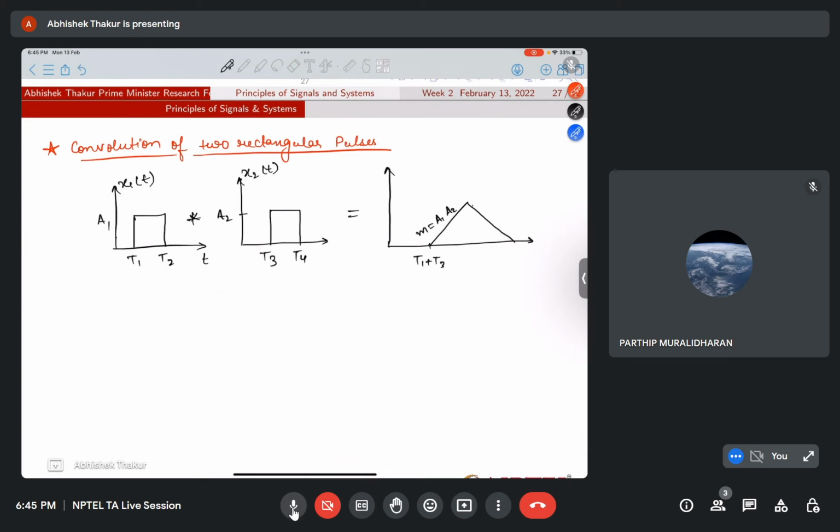Okay, and the upper limit is T2 plus T4, and the slope here is m equal to minus of A1 into A2. So this is the result of x1(t) convolution with x2(t). Okay.